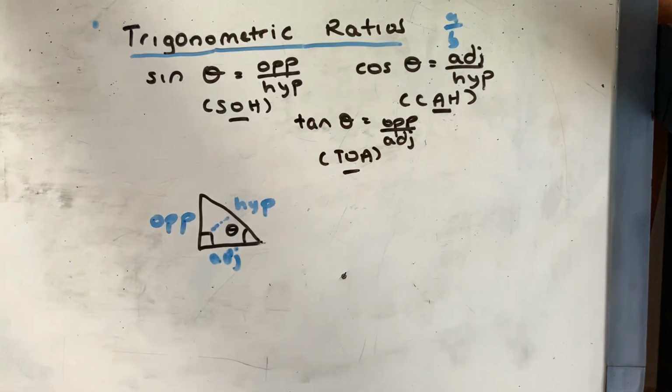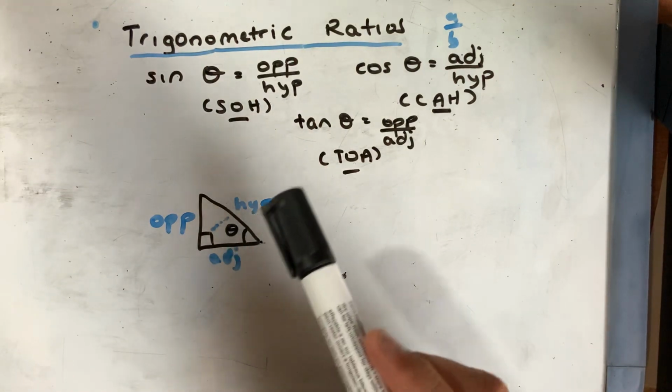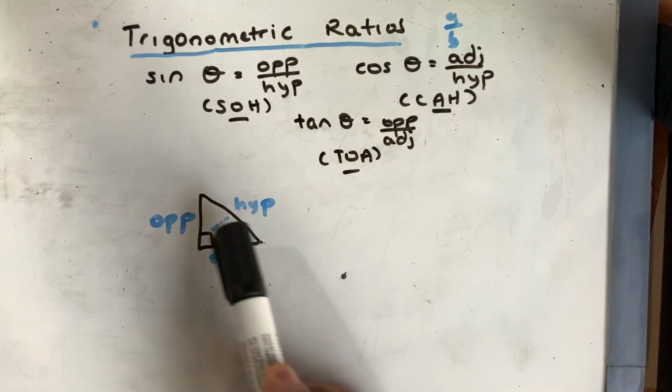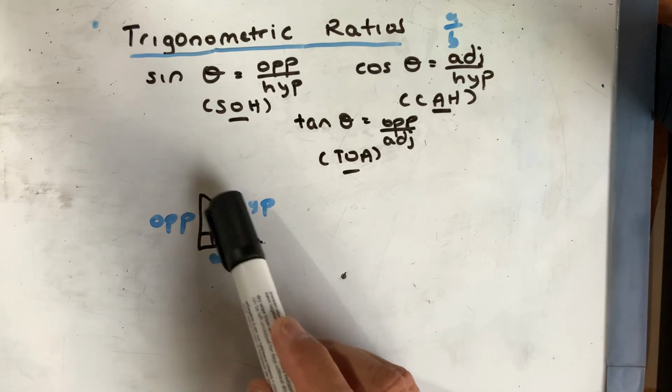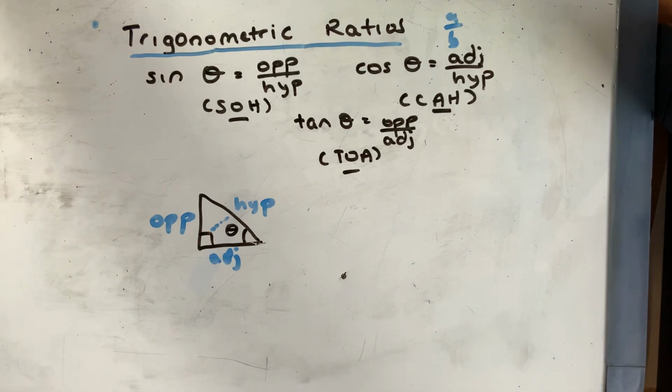So there are the four terms that you learn. Theta represents the angle, opposite is the side opposite the angle, hypotenuse is the longer side opposite the 90 degrees, and adjacent is the side that is next to the angle.